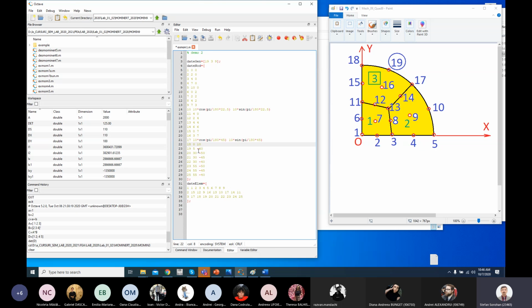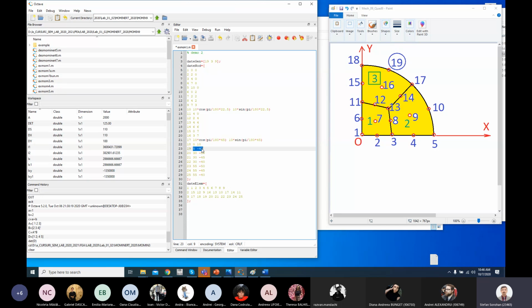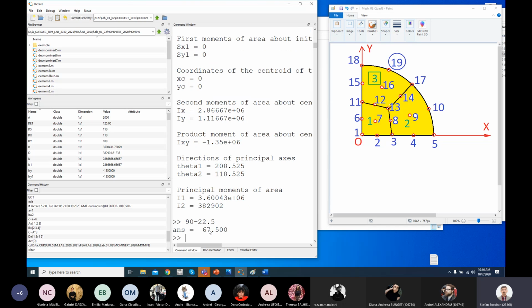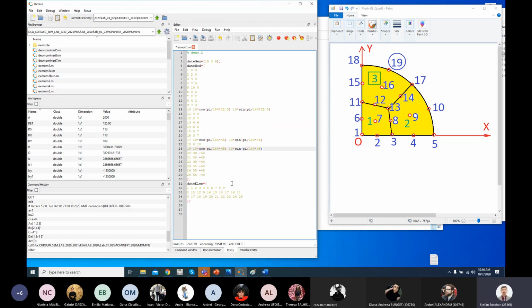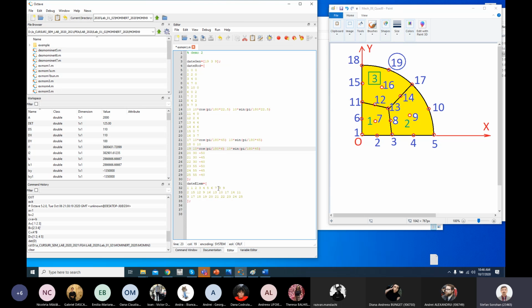And for 19 is also copy. And the angle will be 45 or 90 minus 22.5. Let's keep exactly 77.5.